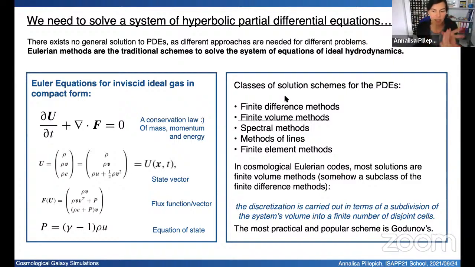In the cosmological Eulerian codes, most solutions are finite volume methods, which are somehow a subclass of another. The key point is that the discretization, as we mentioned, is carried out in terms of a division of the volume into a finite number of disjoint cells. The most practical and popular scheme is called Godunov's scheme, and I just want to introduce it to you, just to understand what's going on.